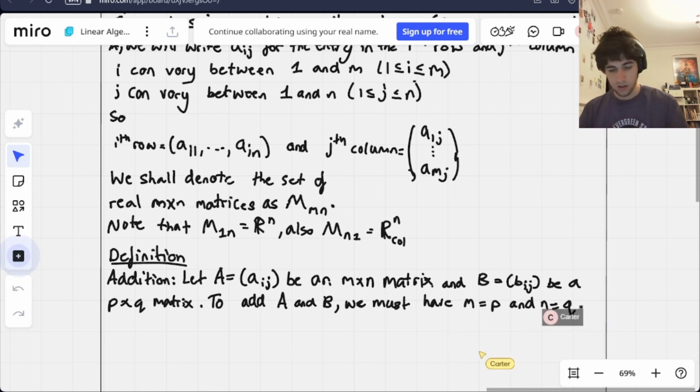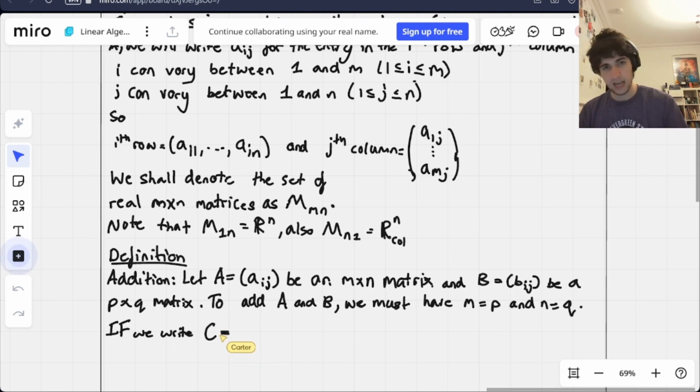So I guess we can then follow that up by saying if we write capital C, this will be another matrix, but we're going to define that matrix to be the sum of capital A and capital B, given that we're allowed to do that. And we'll just use the shorthand here, so the entries of that matrix C will be represented by Cij.